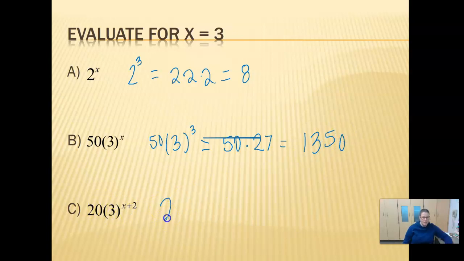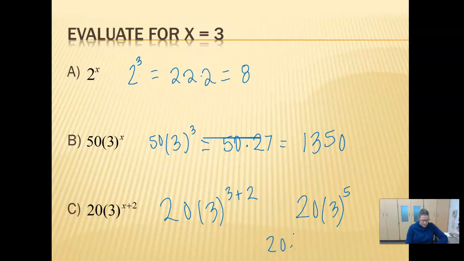Here we have 20 times 3 raised to the 3 plus 2 power. The 3 plus 2, we can add together first because it's grouped together. So this would be 3 to the 5th, and I want to raise 3 to the 5th power first before I multiply it by 20. If I put 3 to the 5th in my calculator, that's 243.